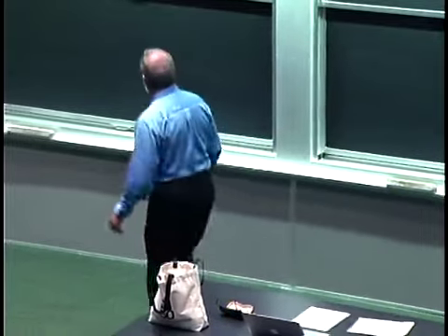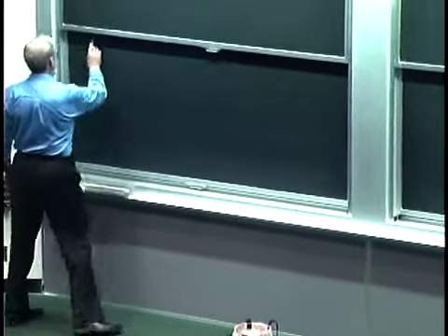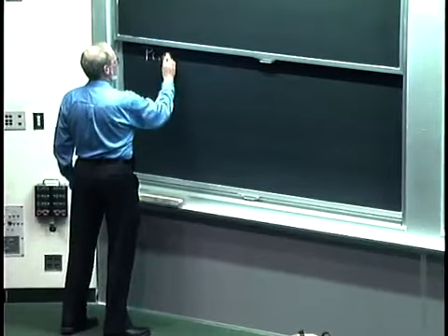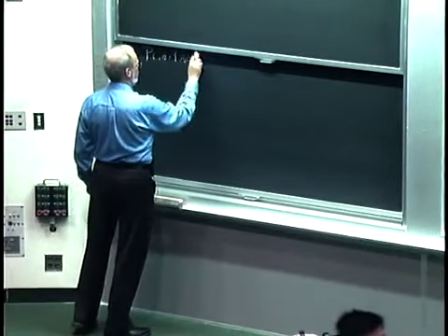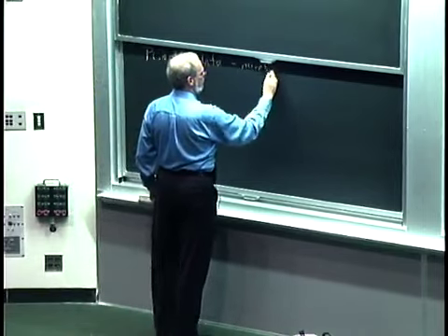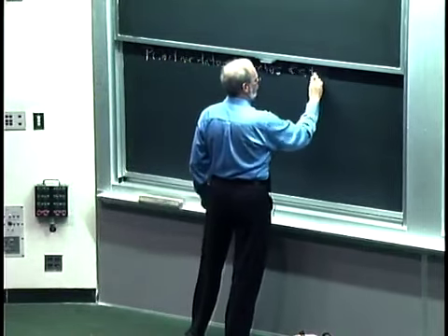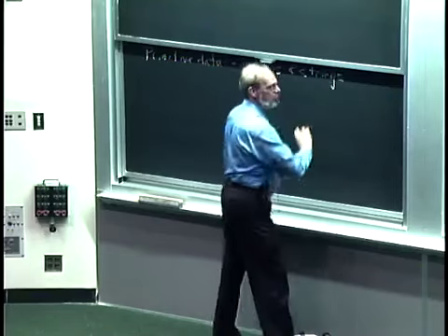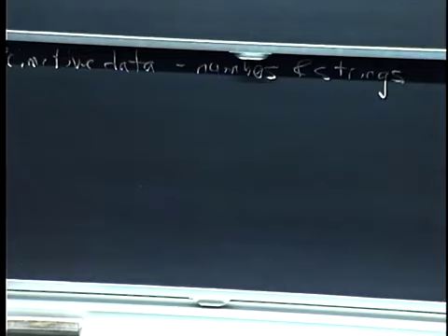In terms of primitive data, what we saw were two kinds, right? Numbers and strings. A little later on in the lecture, we're going to introduce a third kind of value.